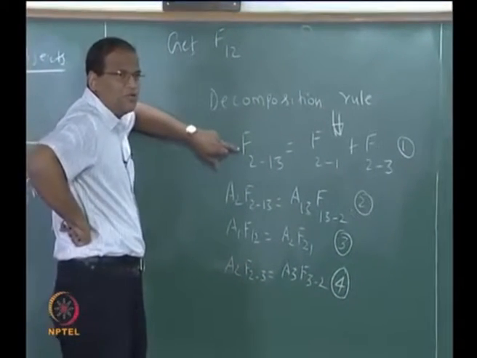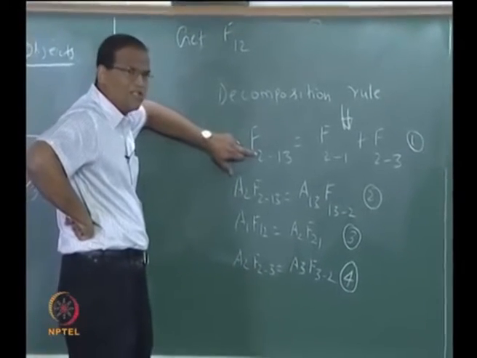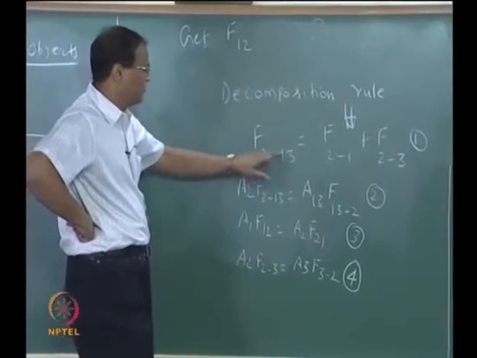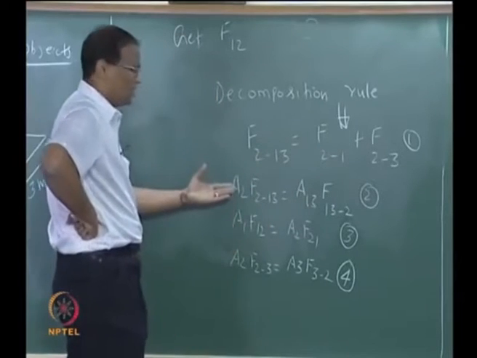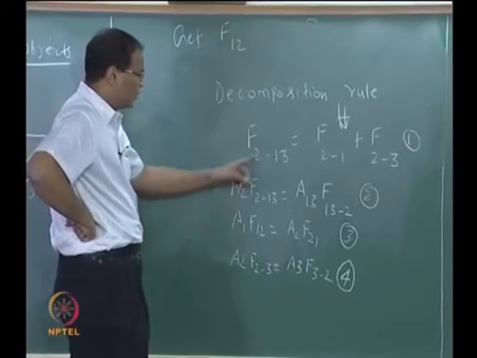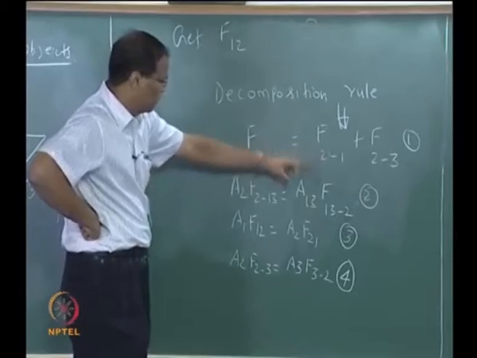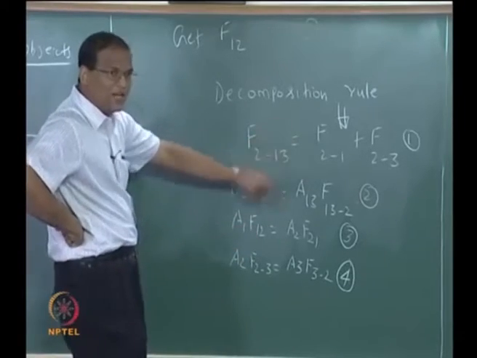So, the decomposition rule says that the view factor from, say, one surface to a composite surface is equal to F2 to 1 plus F2 to 3. I just wrote 3 reciprocal relations. So, I will substitute for F2 to 13, F2 to 1 and F2 to 3 from these equations, and let us see what happens.